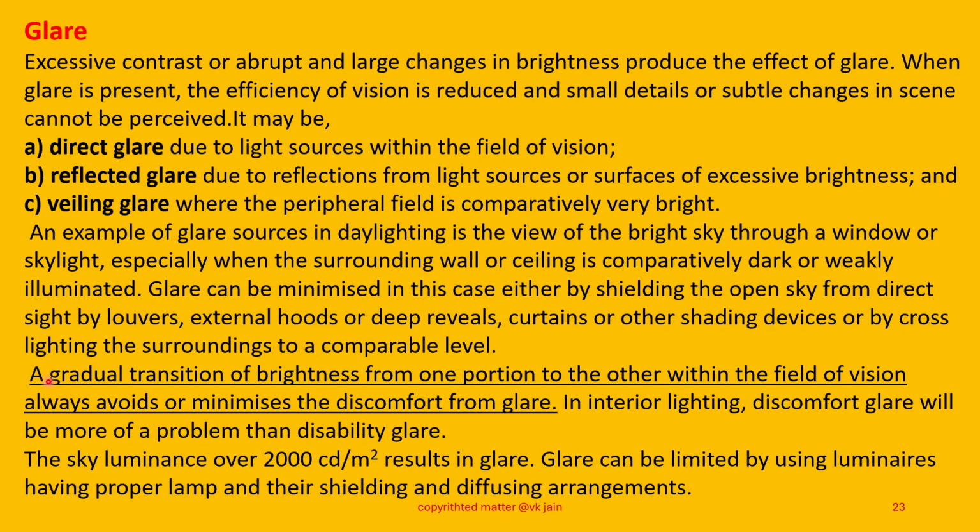A gradual transition of brightness from one portion to other within the field of vision always avoids or minimizes the discomfort from glare. In interior lighting, discomfort glare will be more of a problem than disability glare.